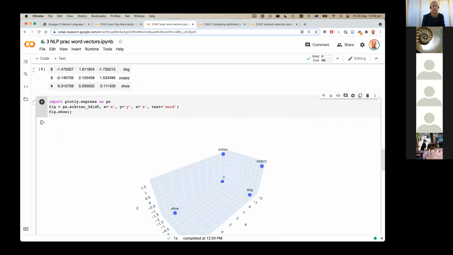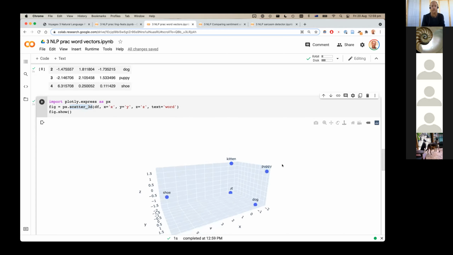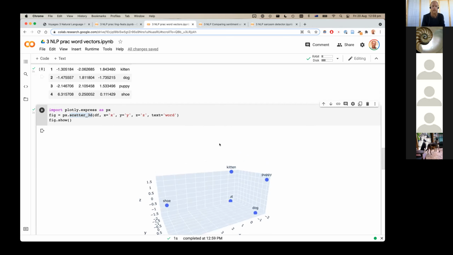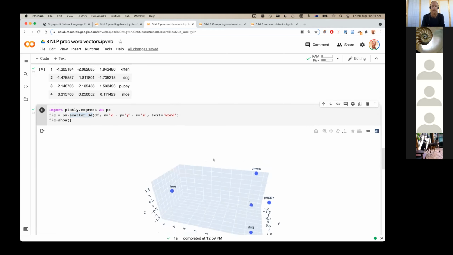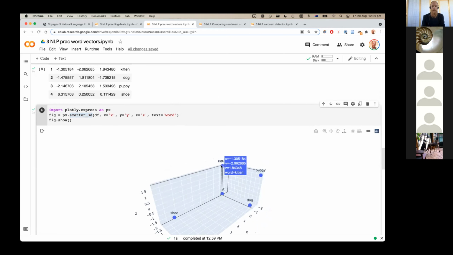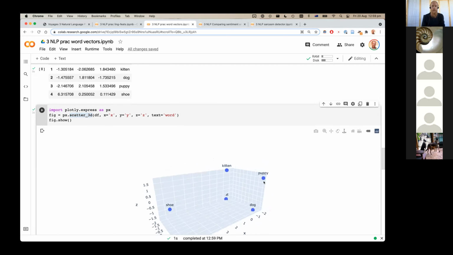So we can use Plotly to plot a 3D scatter chart with the data on the different axes, and we can label the dots with those words. So there's a similar relationship between cat and kitten as the vector from dog to puppy.